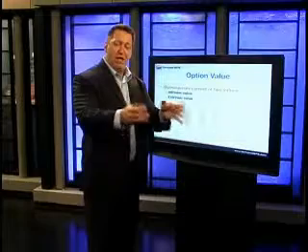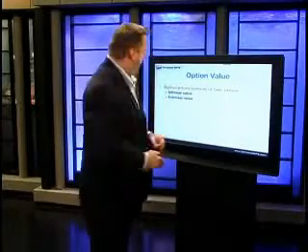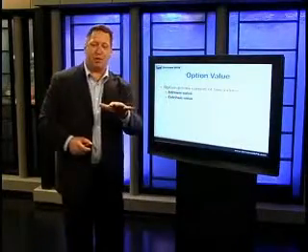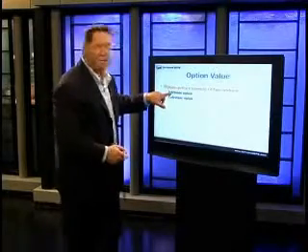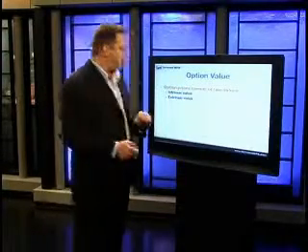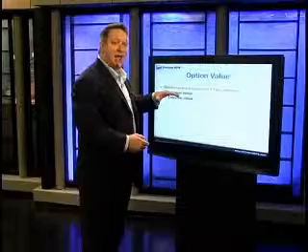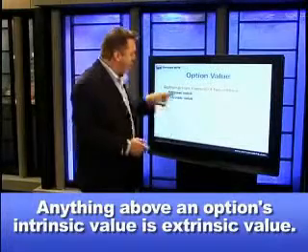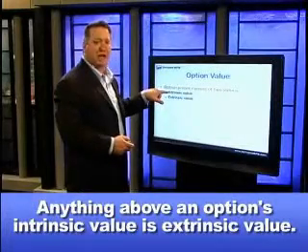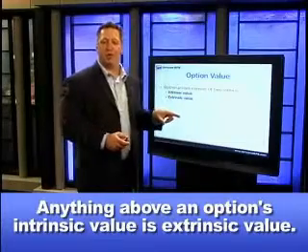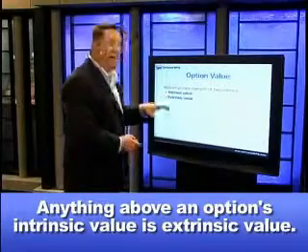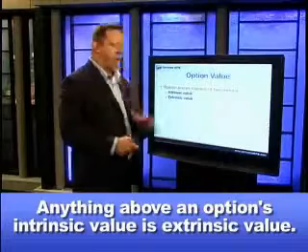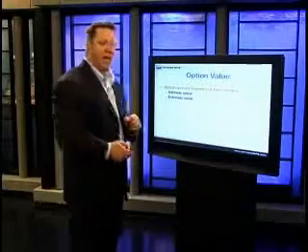Again, there's real innate value there, a $5 value. That's intrinsic value, and only in-the-money options have intrinsic value. Any amount that an option trades over intrinsic value is extrinsic value. That is the amount that's susceptible to time decay, or theta.